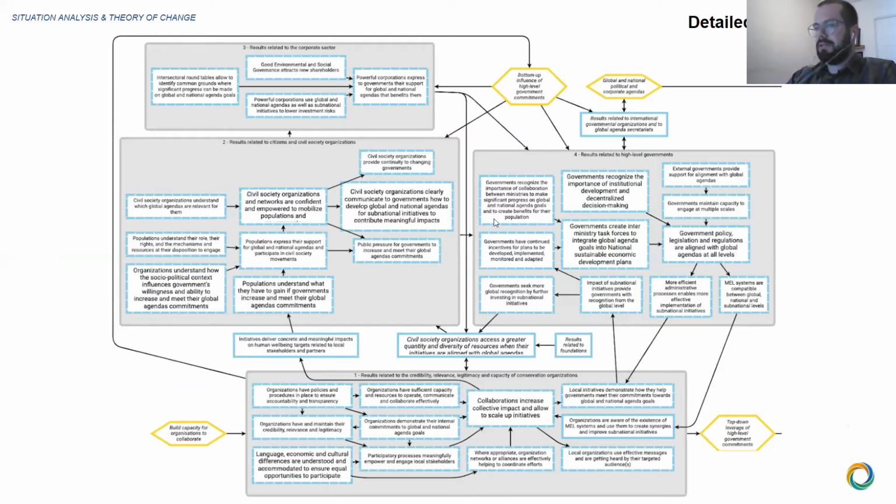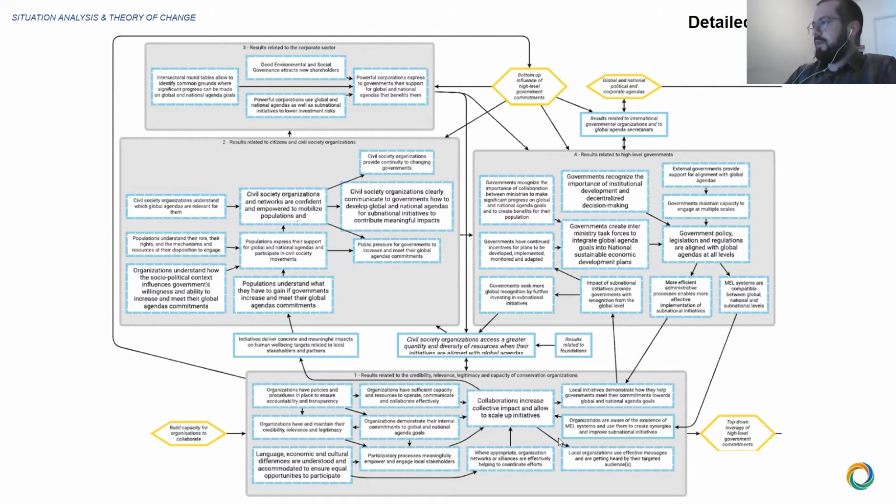I'm not expecting you to read any of this. It's just to show you that the gray boxes, or group boxes, are factors related to all of the actors that we identified previously. So there's a bunch of results for the corporate sector, high-level governments, civil society, and for conservation organizations.